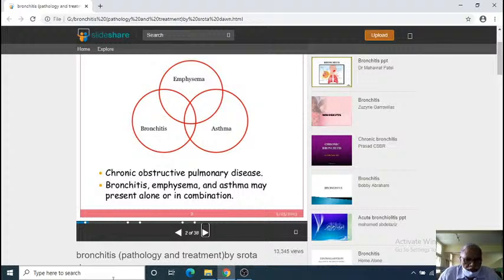Chronic obstructive pulmonary disease can also occur due to bronchitis, emphysema, and asthma. Also, it may be the complication of chronic bronchitis.